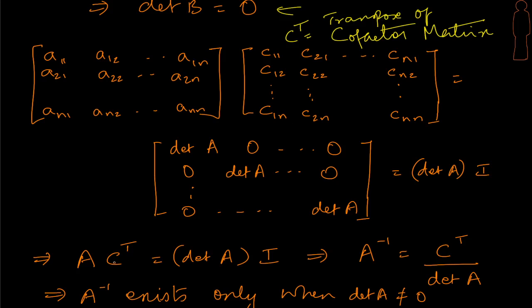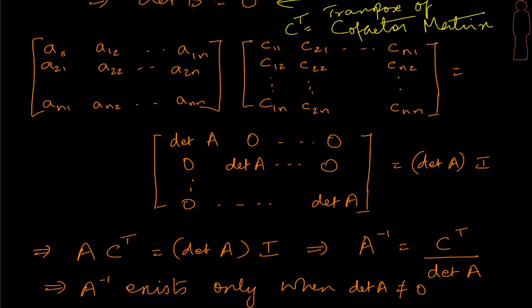Right, so therefore I call this a C transpose, and we know that this is giving us determinant of A times identity, which means that C transpose by determinant of A has got to be the A inverse. And the immediate side effect of this is we can clearly see that A inverse will exist only when determinant of A is not equal to 0. That's obvious from looking at this relation, right?